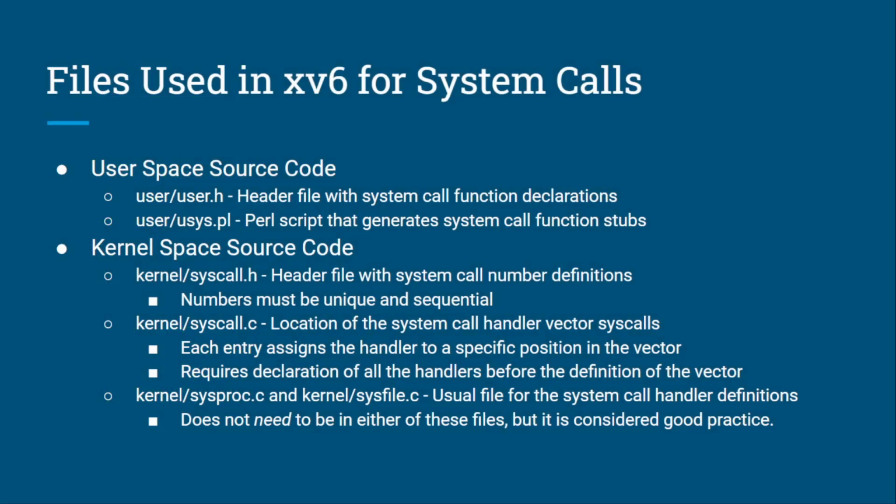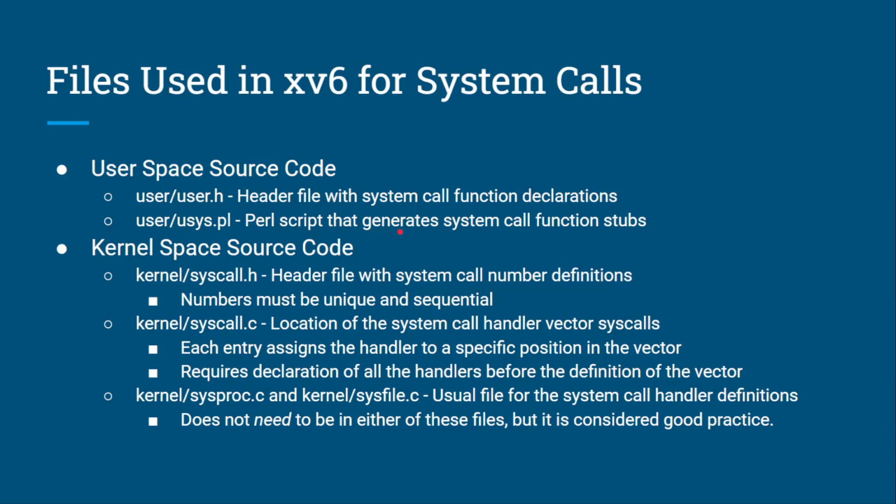So the next file that we need to look at is usys.pl. Again, it is in the user directory. While the user.h header file is used directly by your user space code, usys.pl is used indirectly. Usys.pl is a code generator. It actually writes code for you. Isn't that handy?